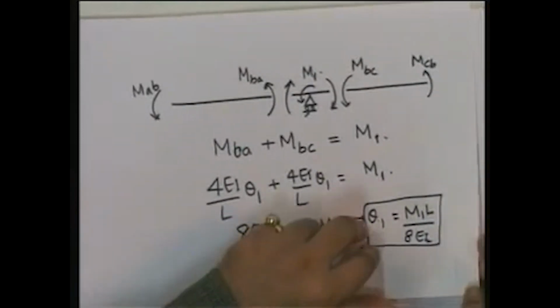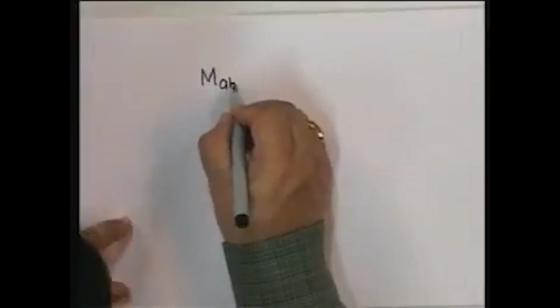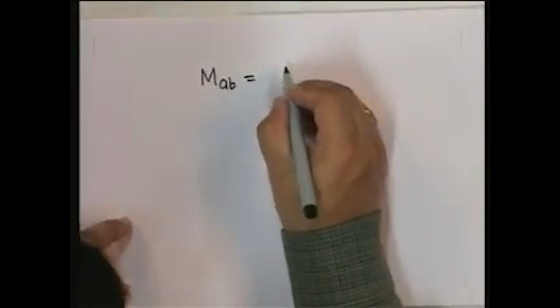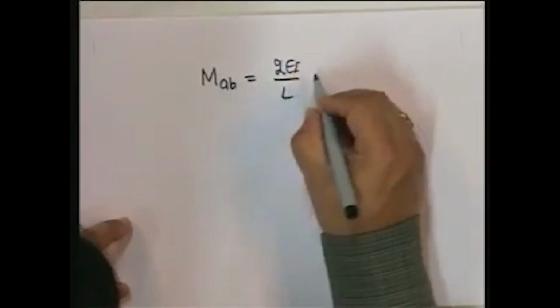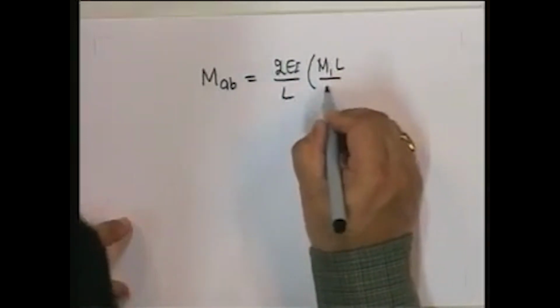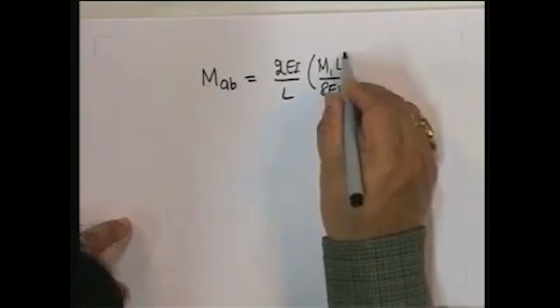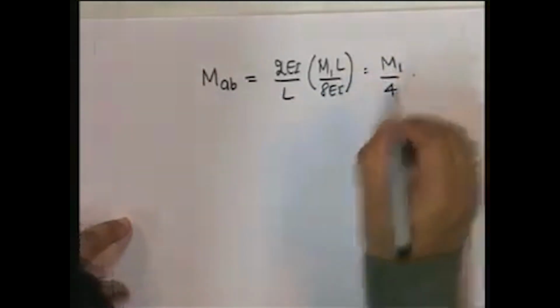And once I know my unknown rotation, can I find out my MAB, MBA and MBC? Of course, I've got them all in terms of theta 1. So now since I've got theta 1, my MAB is equal to 2EI upon L into theta 1, and theta 1 is M1 L upon 8EI. So if you look at it, that will become M1 upon 4.